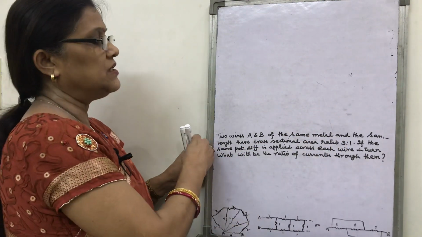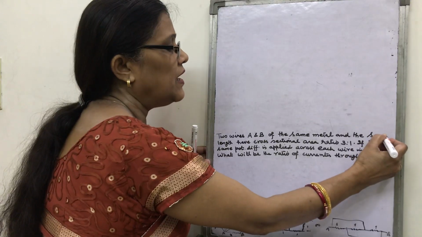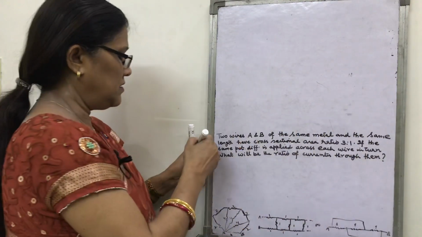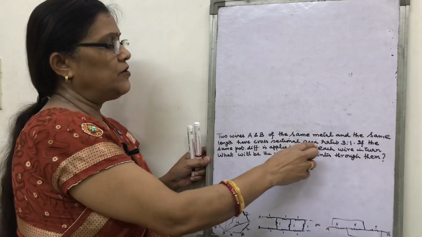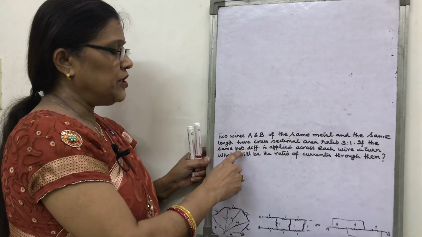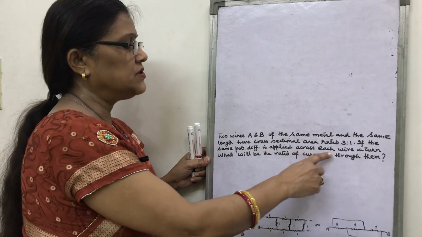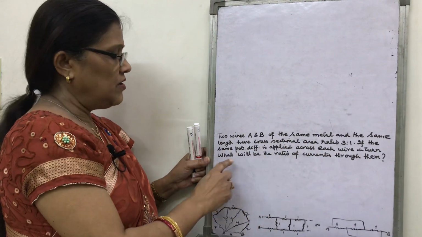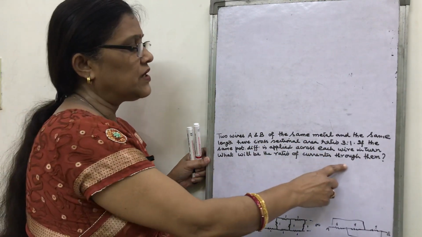Only two things they are having, same length and metal. So their area of cross section is in the ratio 3:1. If the same potential difference is applied across each wire in turn, what will be the ratio of currents through them?